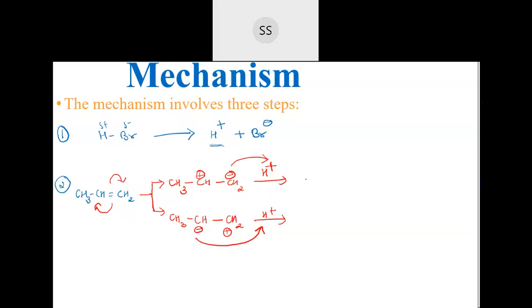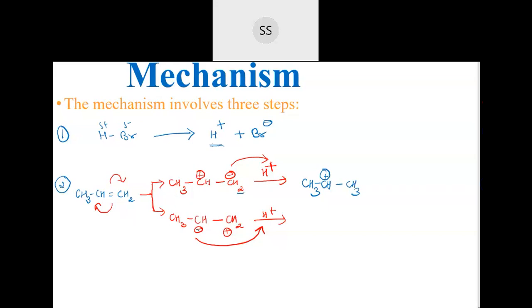Now, CH3, and this CH carbon is not getting anything, so it will be positively charged. Then the carbon which was negatively charged will take the H plus. Already two hydrogens are there, plus one more hydrogen, so you will get CH3. This is one compound which is formed.